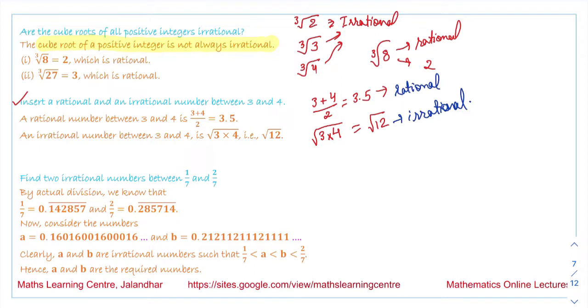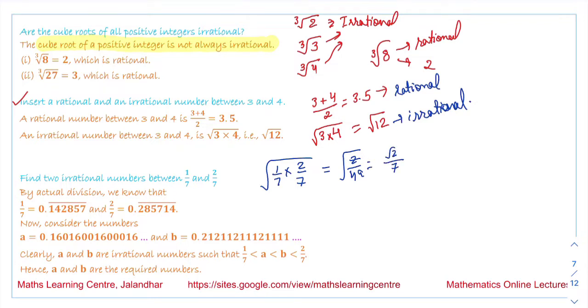Next is, find two irrational numbers between 1 by 7 and 2 by 7. One method is that we can write square root of 1 by 7 into 2 by 7. The answer you will get is 2 by 49. So it is square root 2 by 7.